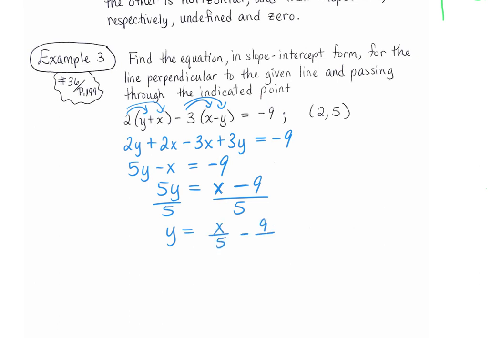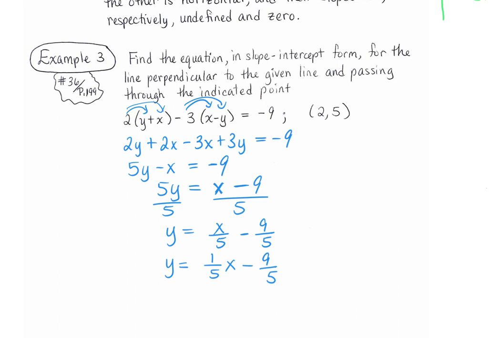And is this in the form that you wanted to be able to identify your slope? No. So what do you write it as? y equals 1/5 x minus 9/5. Good. So at this point, all we're doing is rewriting it. We're not taking the opposite reciprocal of that slope yet, right?